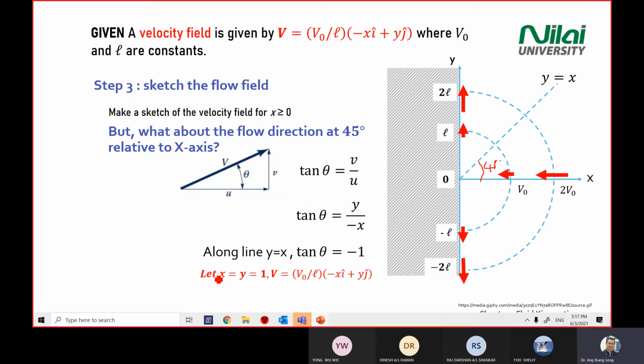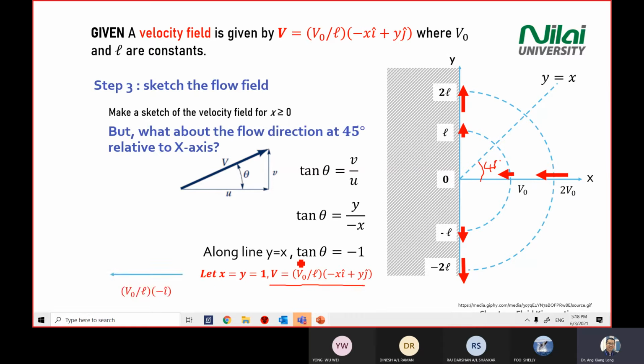Okay, let's try to find out. Let x equal to y equal to 1. So if both of them are 1, what happens to our velocity field? The general equation, v equal to V0 divided by L, minus xi plus yj. If your x and y are 1, you replace them with 1, for any point on this line.